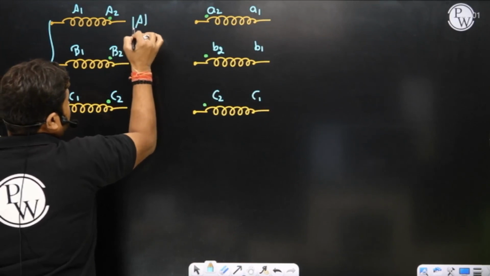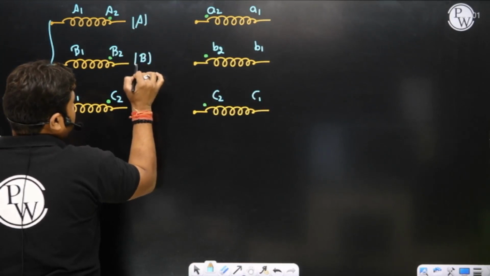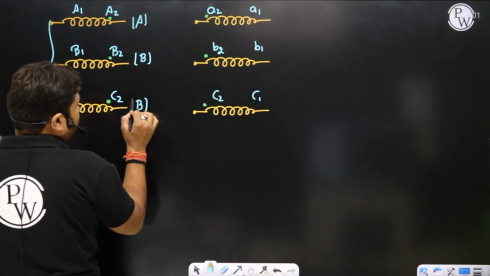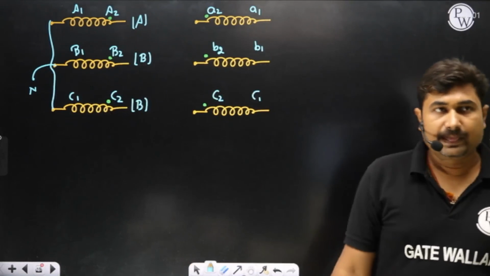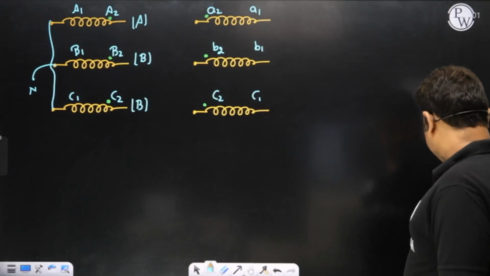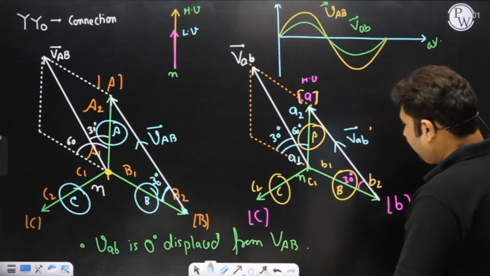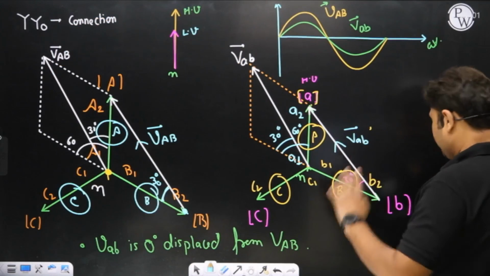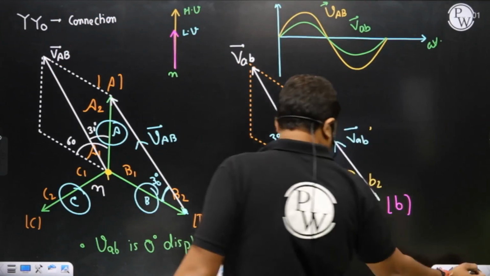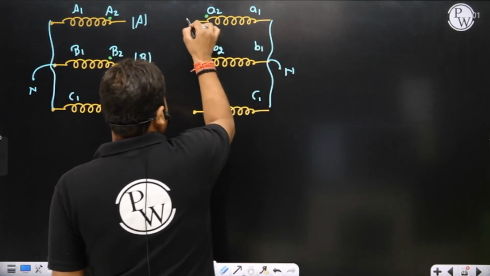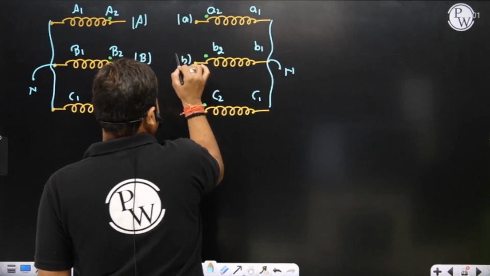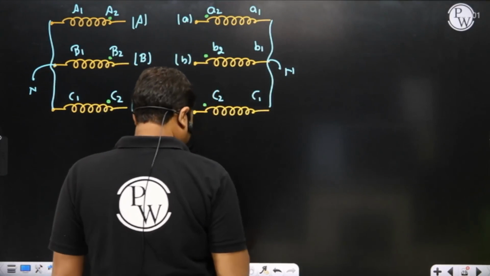The terminal A2 is available for A phase, B2 for B phase, and C2 for C phase. On the LV side, it can be observed that A1, B1, C1 need to be shorted. So I'm going to short A1, B1, C1, and we have neutral. This is A phase, B phase, and C phase. Is it okay? Yes, sir.